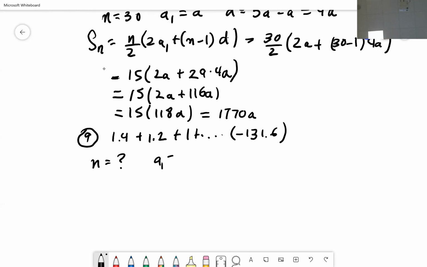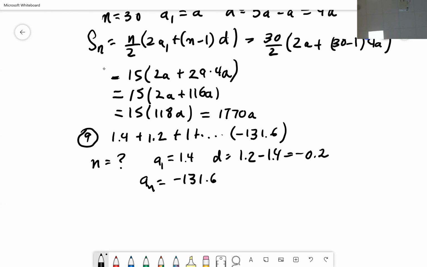So a sub 1 here is clearly 1.4. The common difference here is 1.2 minus 1.4, which is negative 0.2. Now the last term, I'll just call that a sub n, is negative 131.6.